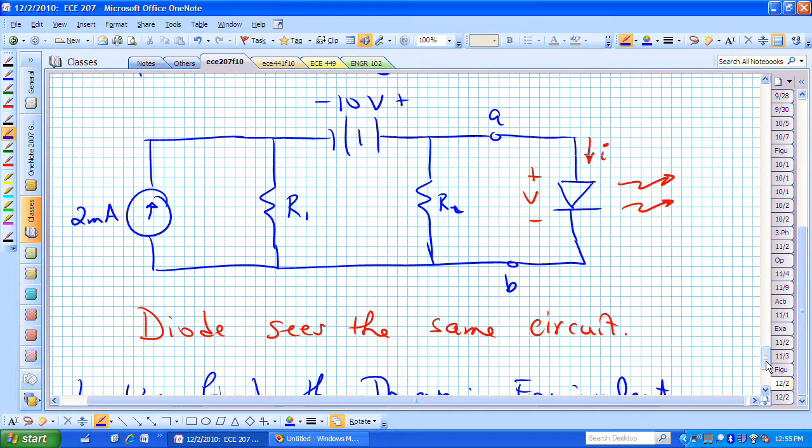And because there are no dependent sources, we can kill these independent sources when we're trying to find the equivalent resistance looking back to the left in terminals A and B.